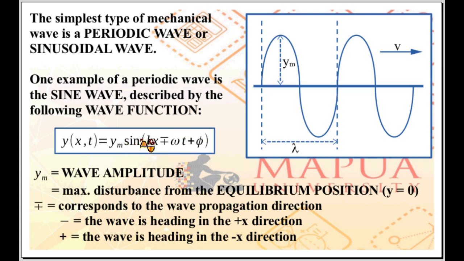So in evaluating the sine function, you must set your calculators to radians. So again, please take note that both the phase and the phase constant are in radians. So you have to set your calculators to radians if you are going to evaluate the sine function inside the wave function.